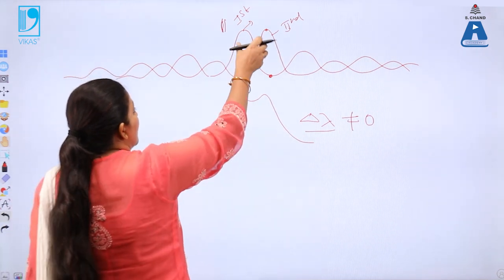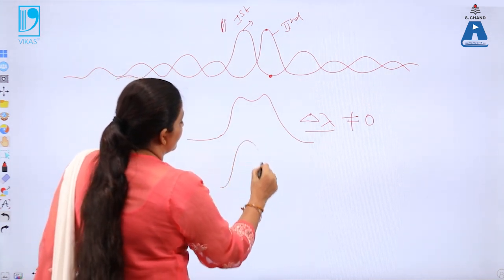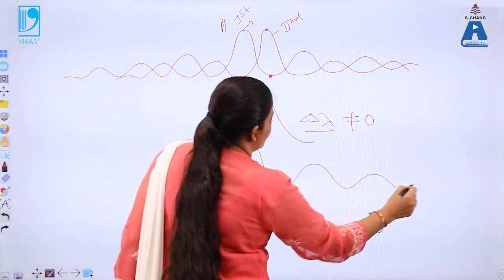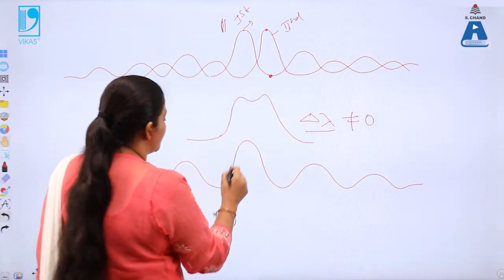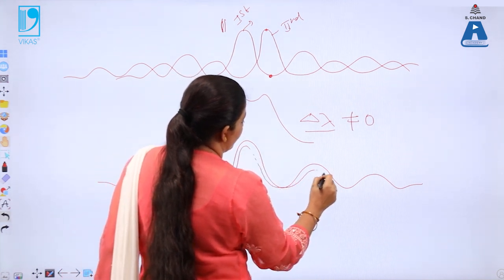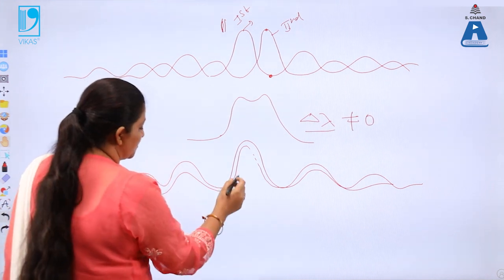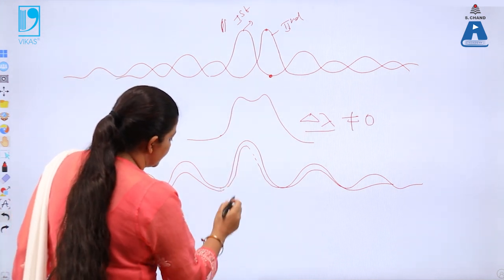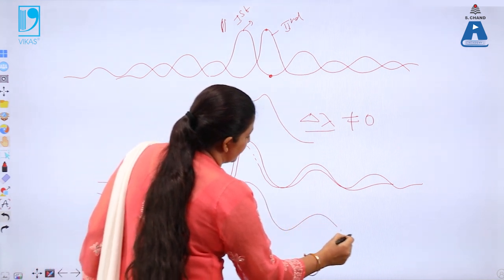Now again, when they are superimposed on each other, in the second case, delta lambda is equal to 0. If this is for the second object, then the resultant wave for these will become like this.